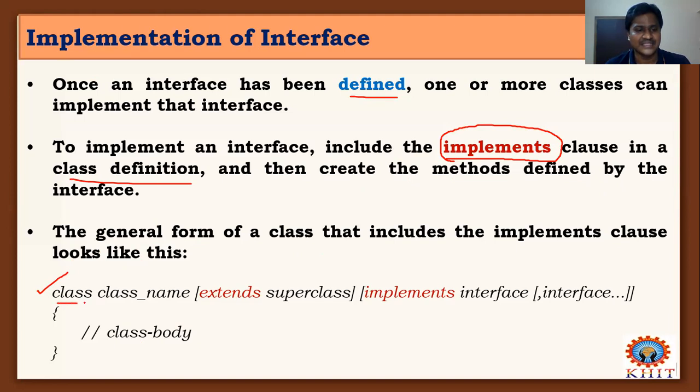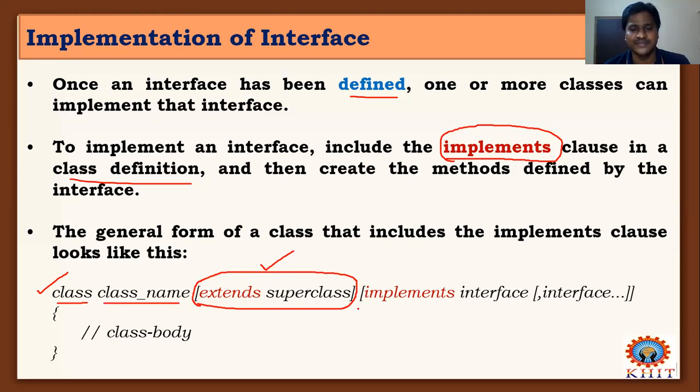The general form of a class that includes the implements clause looks like this. Here, class is a keyword followed by the class name. When a class extends the properties of another class, we already use the statement extends superclass, right?